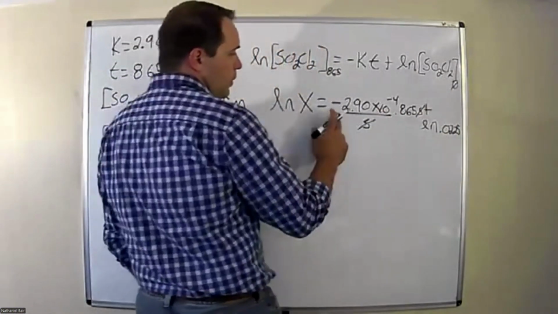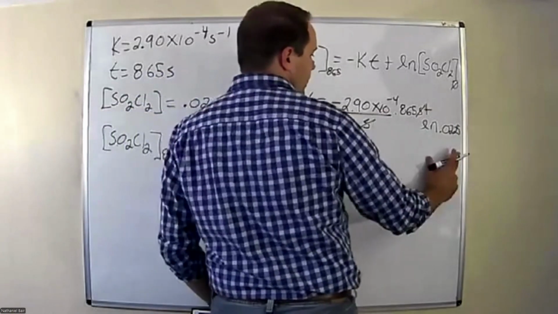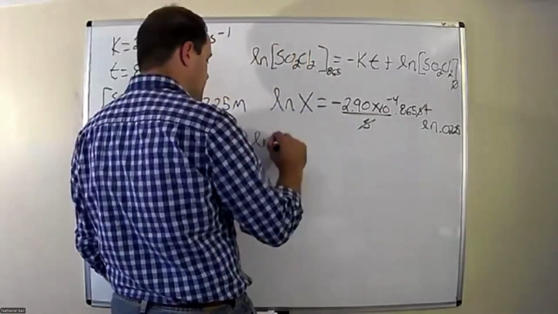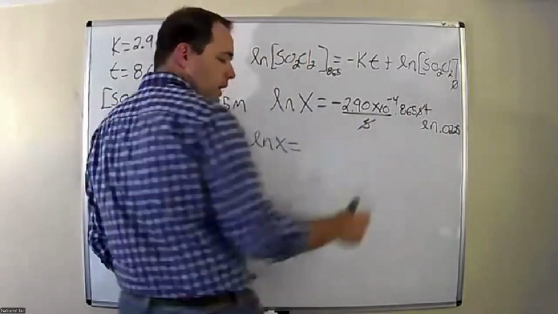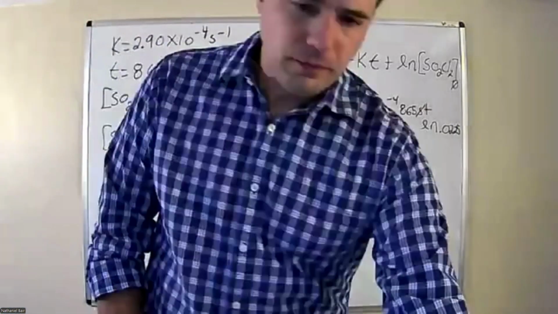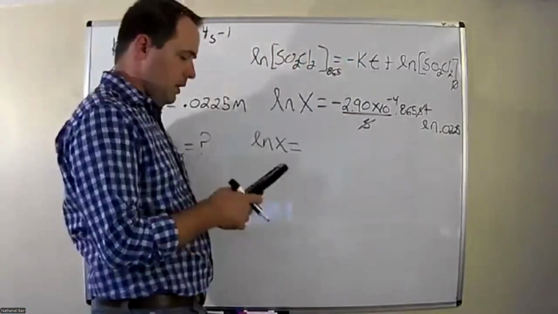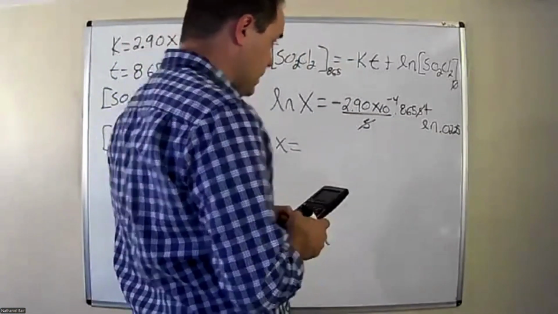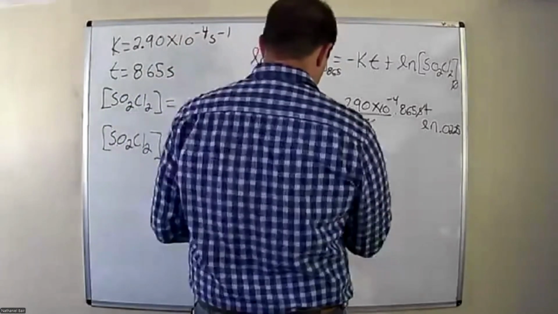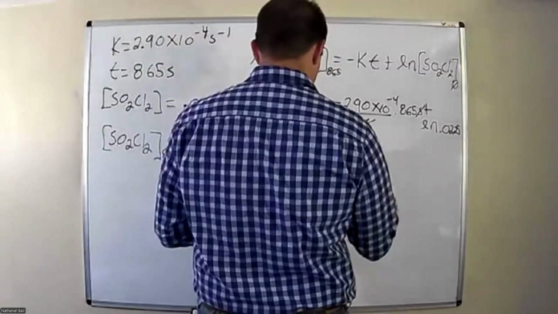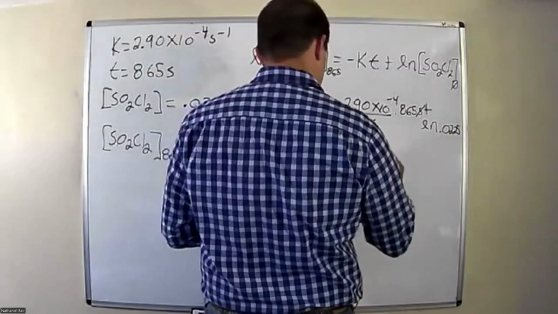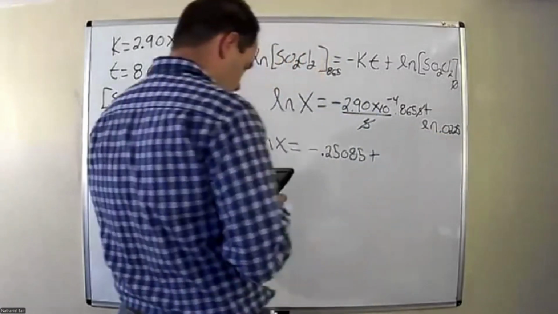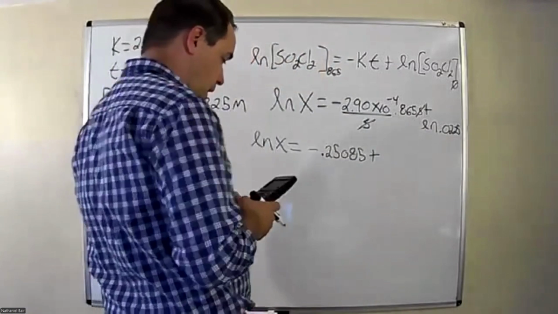So what are we going to do? Well, we can plug this into our calculator, or you can break it up into two steps. We could multiply those two: negative 2.9 e negative 4 times 865. That's negative 0.25085, plus we can get the natural log of 0.0225.